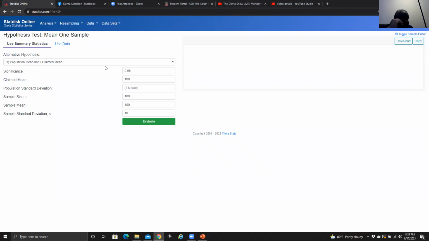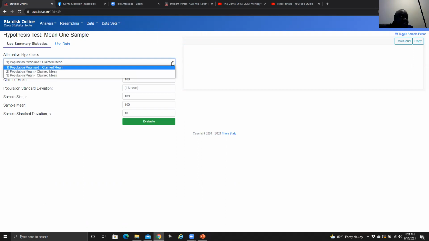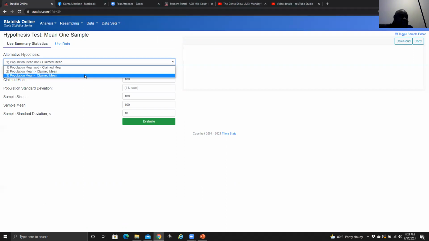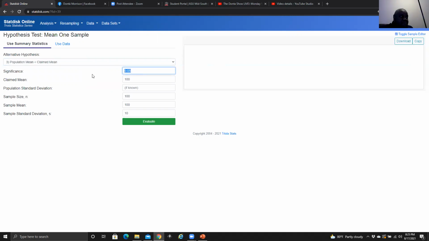Okay, so this is what we have here. Under alternative hypothesis, we're testing a claim that we have a mean weight less than 2.6. So we want to select the one that says population mean less than the claimed mean. Okay, and then next would be your significance level.